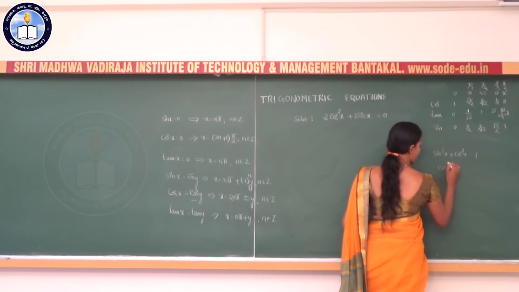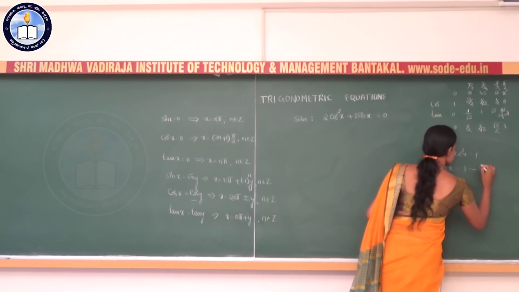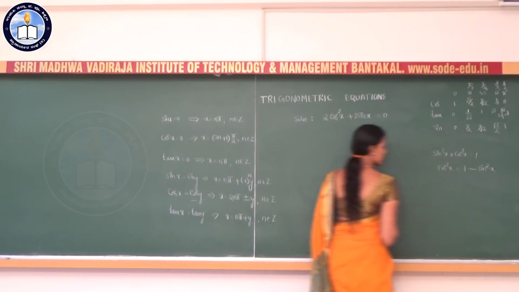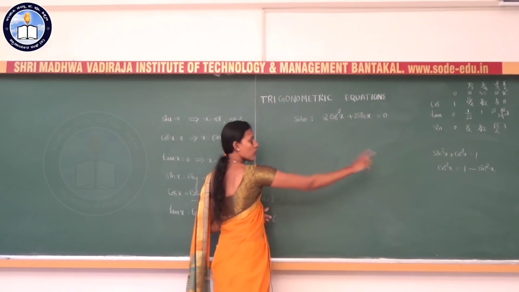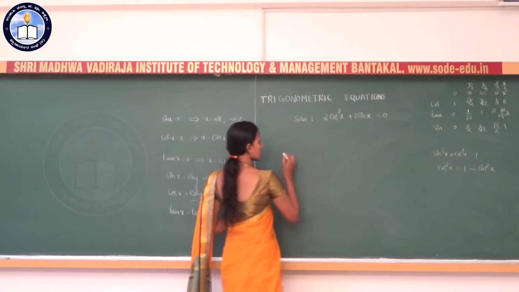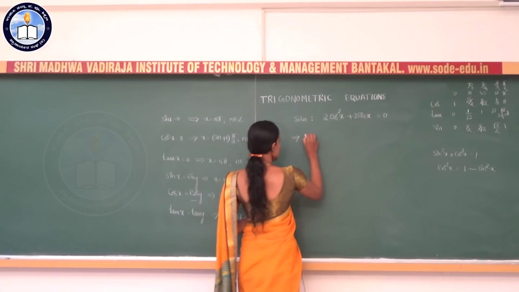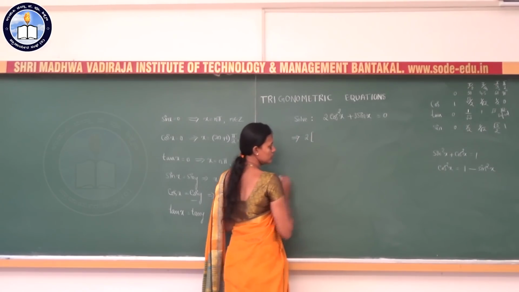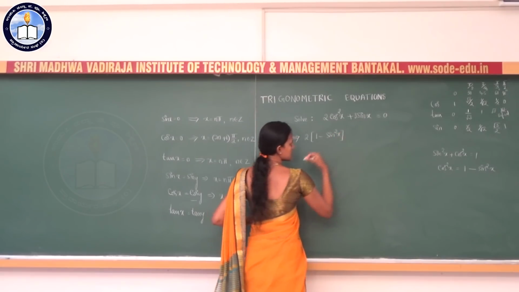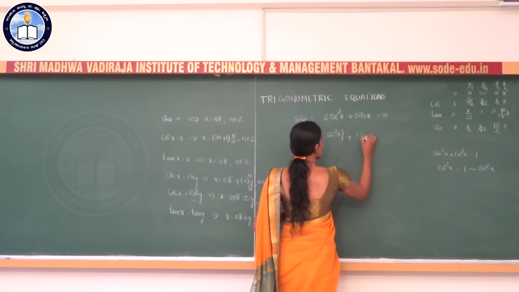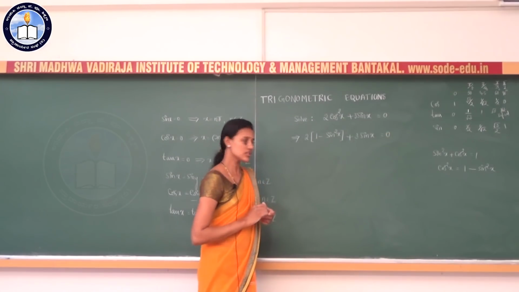So cos square x can be written as 1 minus sin square x. So let us replace cos square x by 1 minus sin square x. So the equation becomes 2 into 1 minus sin square x plus 3 sin x is equal to 0.